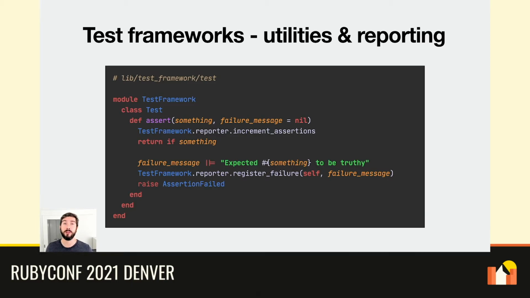The reason we are doing so is that by defining a custom error class that we can raise when assertions fail, we can halt the execution of that particular test method and skip to the next one. Because we defined this custom error class, we can rescue it wherever we like, and so we can define the execution flow to rescue that particular class and skip to the next item from our queue every time an assertion has failed. And every time an assertion fails, when we register that failure, we can also print some progress and display an F on the screen.